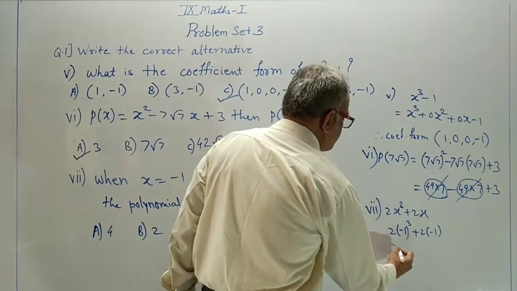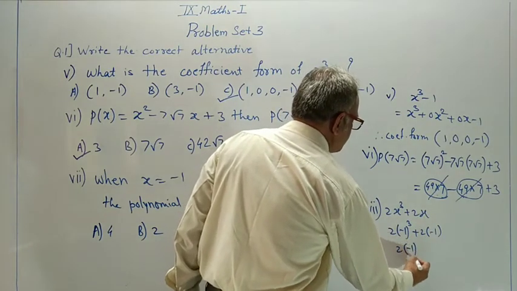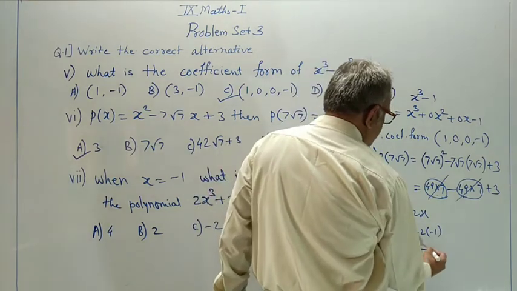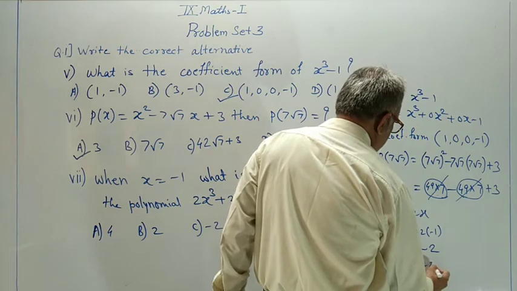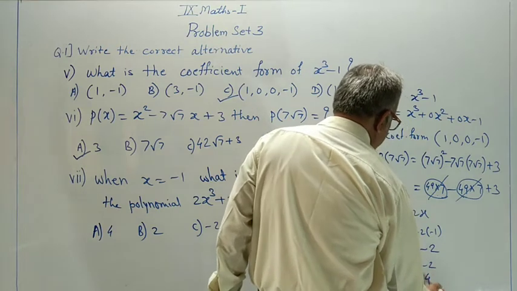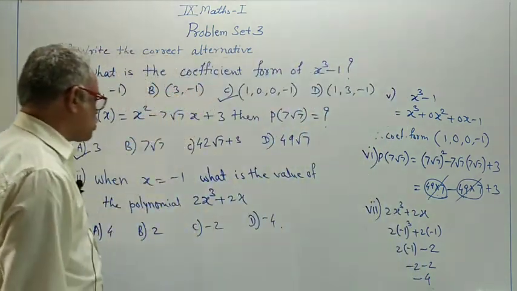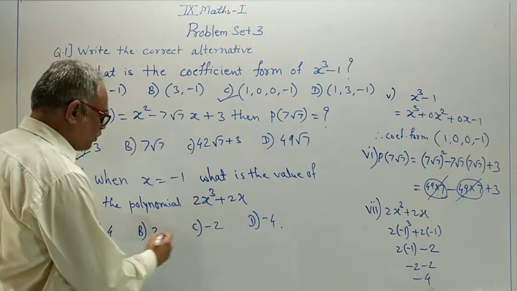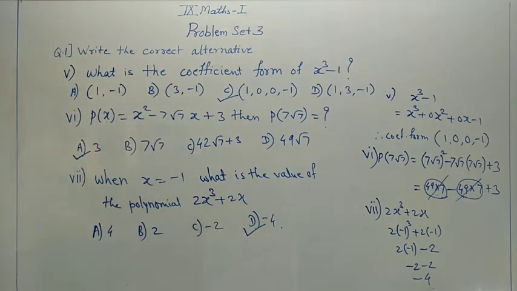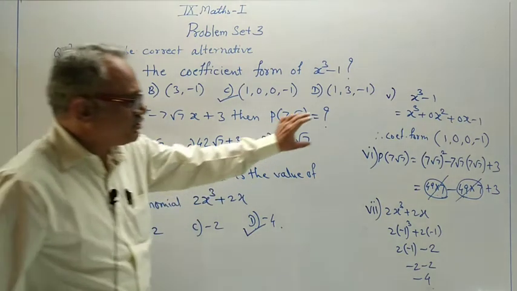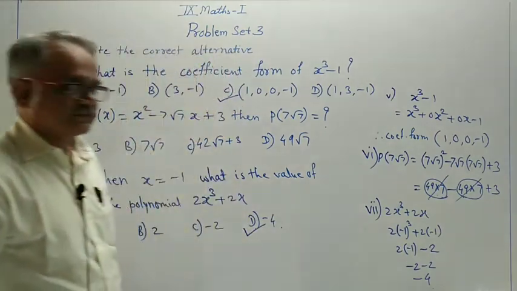Minus 1 cube is minus 1, so 2 into minus 1 is minus 2. 2 into minus 1 is also minus 2. Minus 2 minus 2 is minus 4. So all these 5th, 6th, 7th sums can be solved within 2 steps.